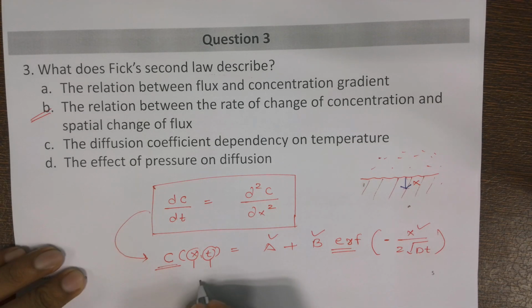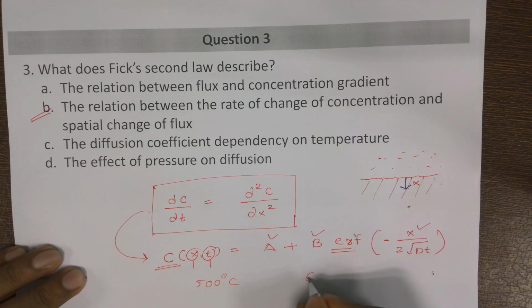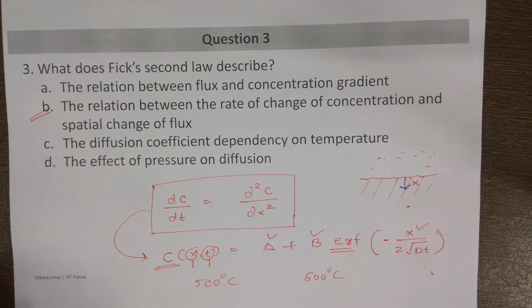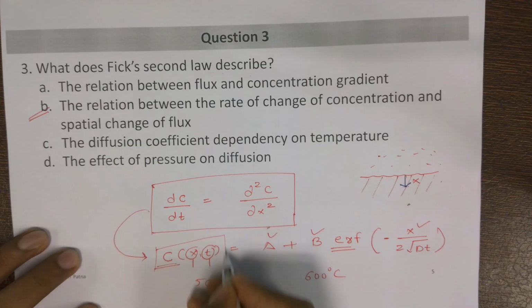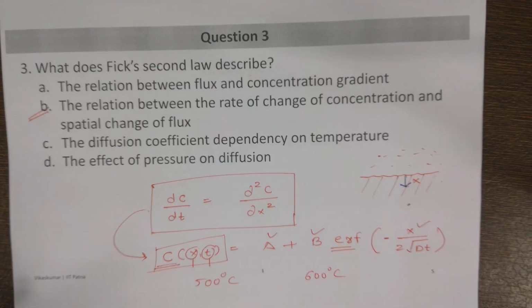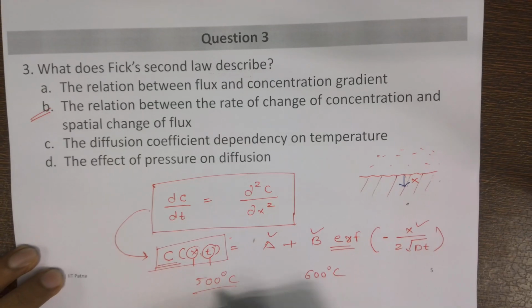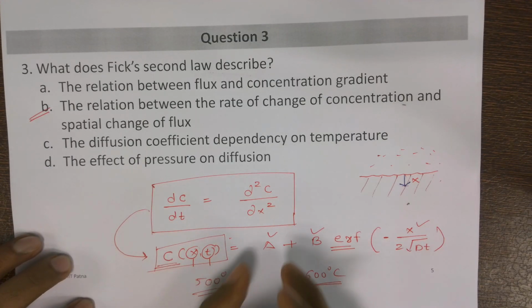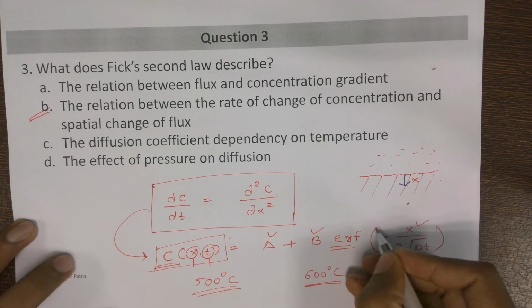For example, in one case they heated at 500 degrees Celsius and at 600 degrees Celsius, but they are varying the time, and they told that the overall concentration in the specimen remains constant. So what does it mean? In the case of 500 and in the case of 600, just by varying the time, it's constant. So this part is constant, it means that they are already constant. So what is varying over here? This.